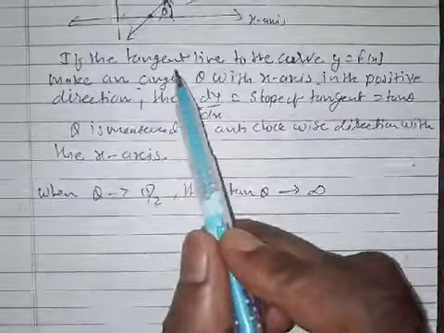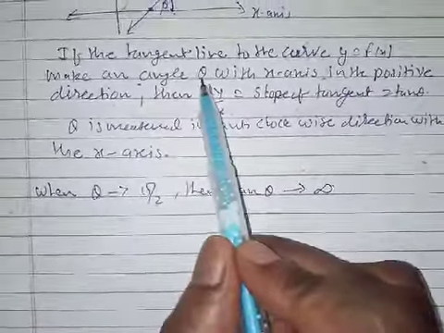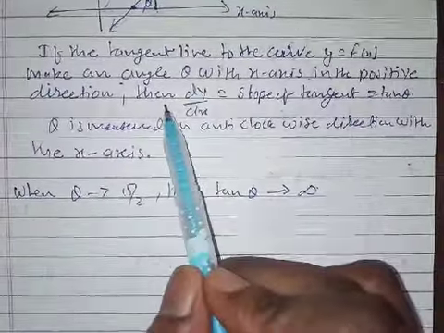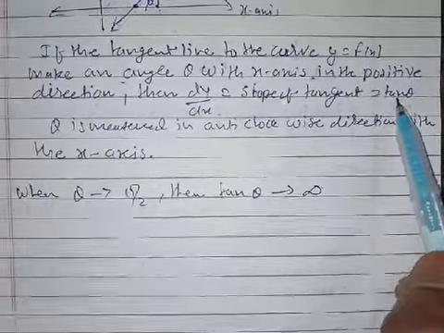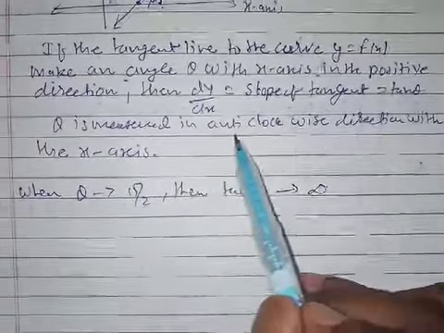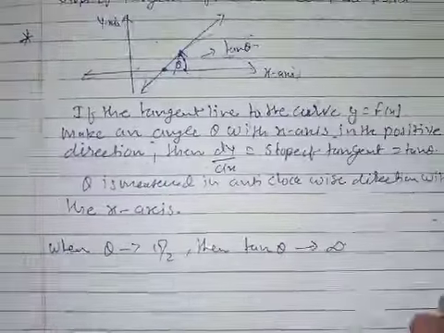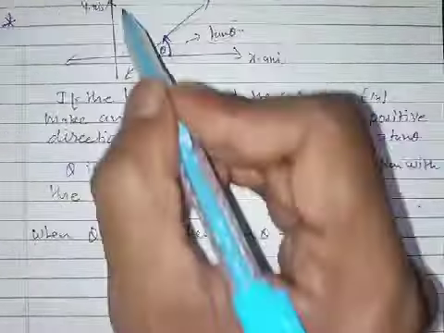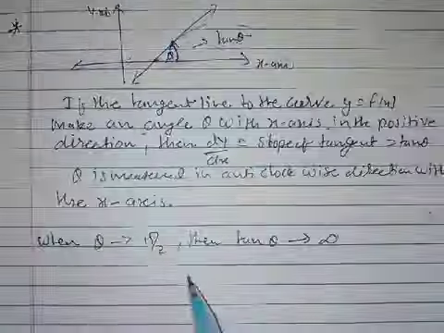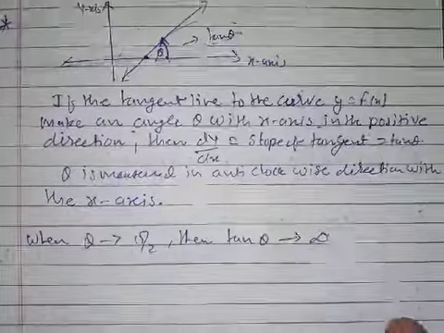So if the tangent line to the curve y equals f of x makes an angle of theta with the x-axis in the positive direction, then dy by dx, the slope of the tangent, is tan theta, and theta is measured in the anti-clockwise direction from the x-axis. Okay, fine. When theta is pi by 2, tan theta is infinity. You have to make note of this.